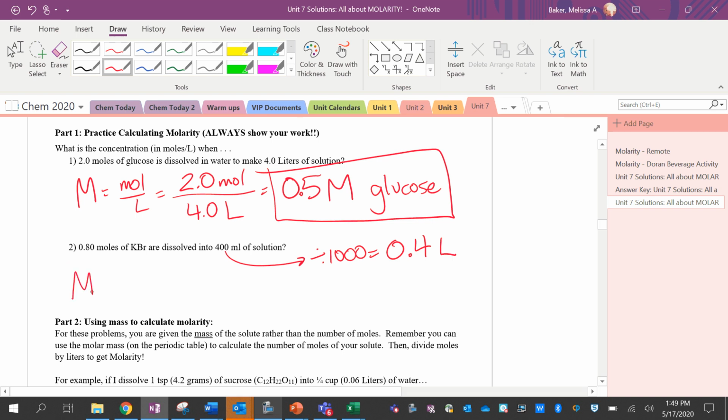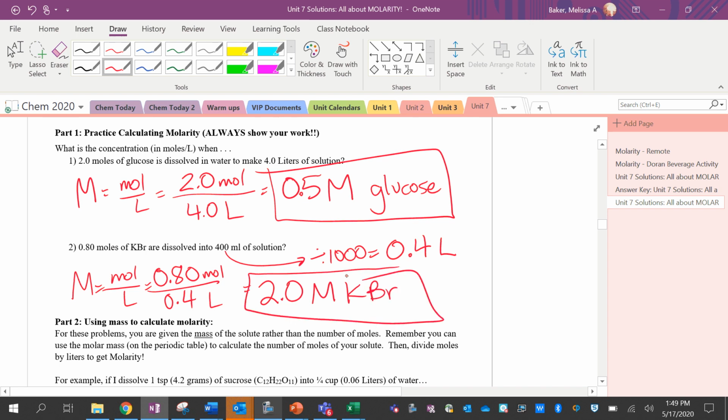So let's do the molarity of this KBr solution. Again, we've got moles divided by liters, so 0.80 moles divided by 0.4 liters, and our answer would be 2 molar KBr. So it's as easy as that to calculate molarity.